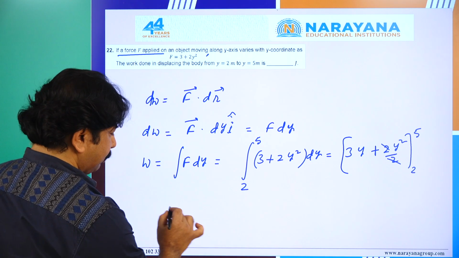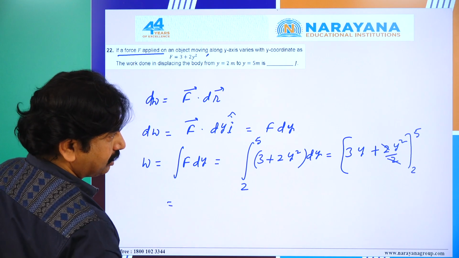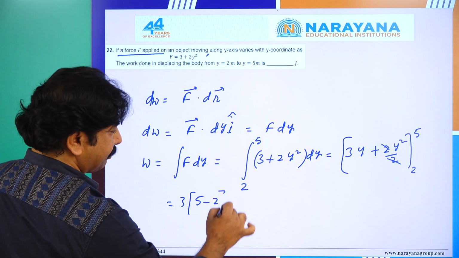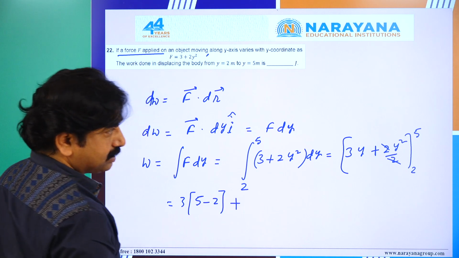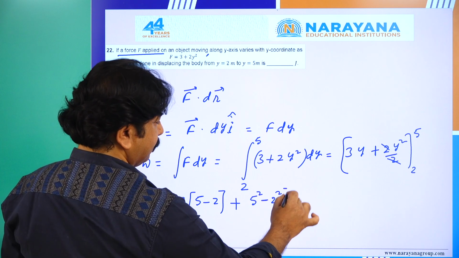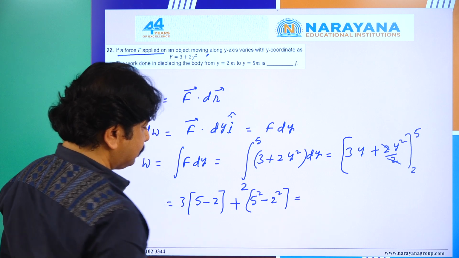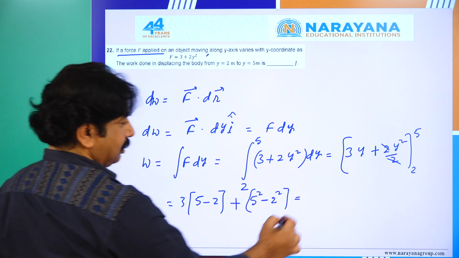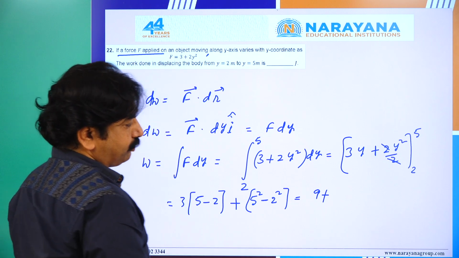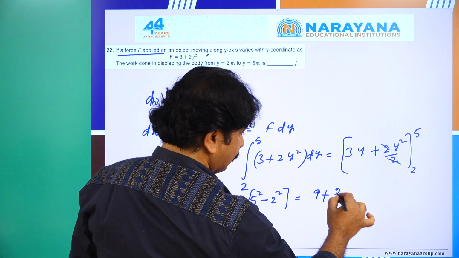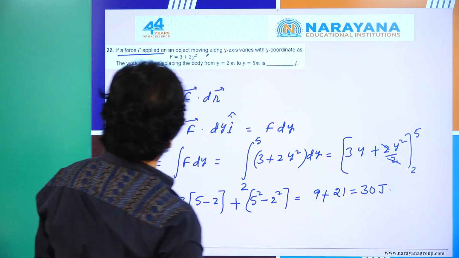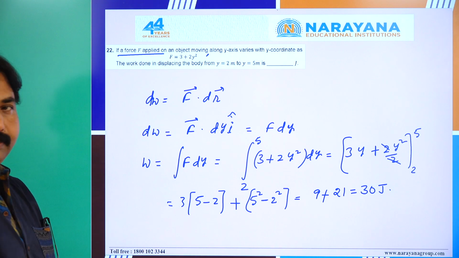So the final answer is 3 into (5 minus 2), plus (5 square minus 2 square). So 3 into 3 is 9, plus 25 minus 4, which is 30 joules. That is the answer.